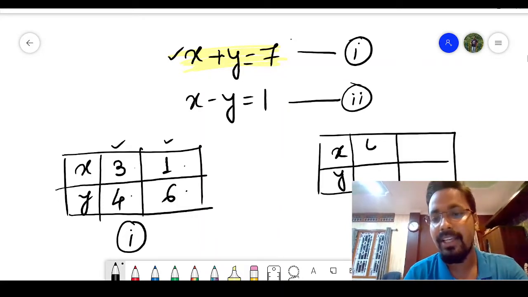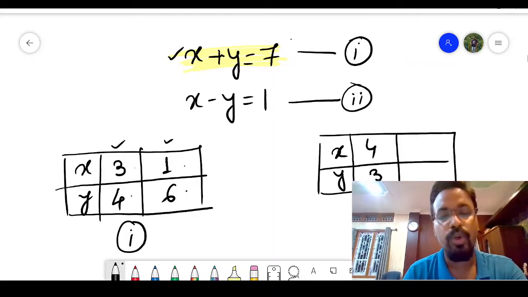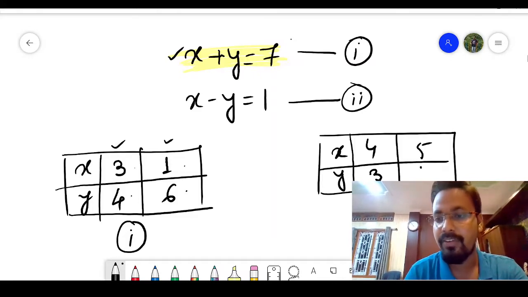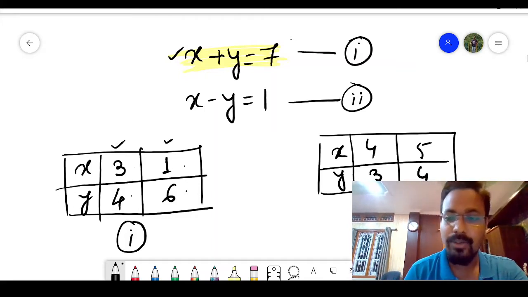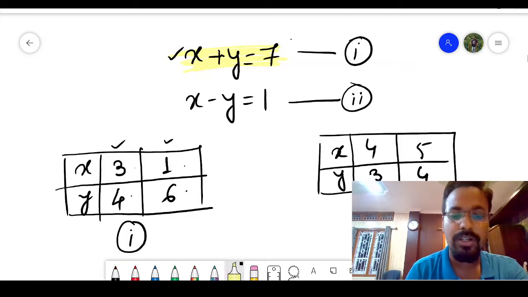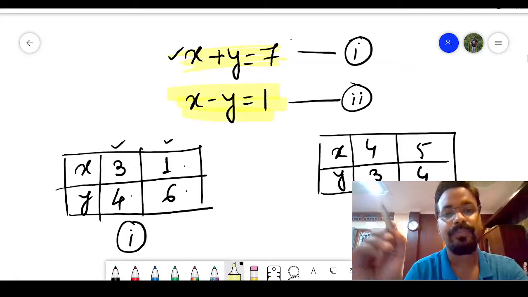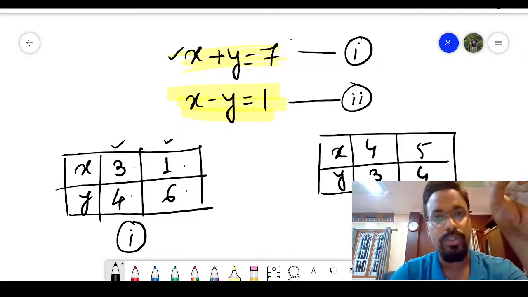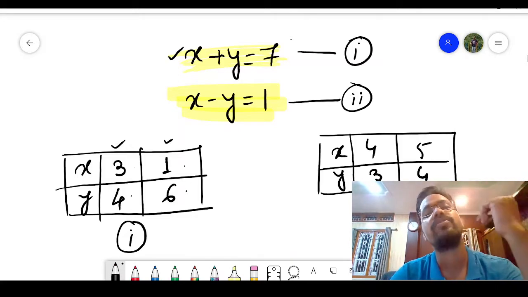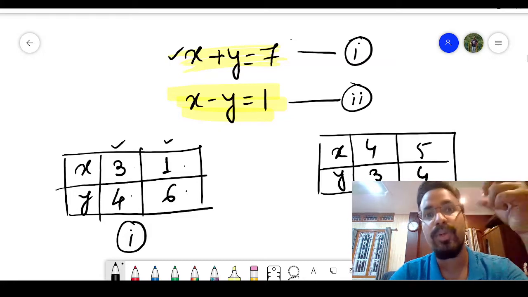We can take something like 4, 3, because 4 minus 3 is 1. Or we can take 5 and 4, because 5 minus 4 is also equal to 1. So now these two pairs of values will be the solution for our second equation, right? So now we have two pairs of values for equation 1 and equation 2.